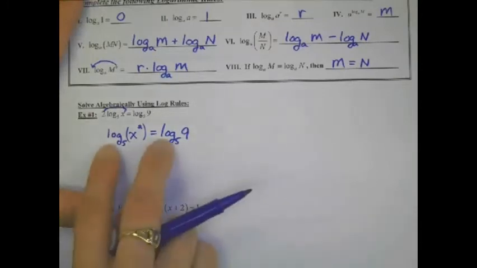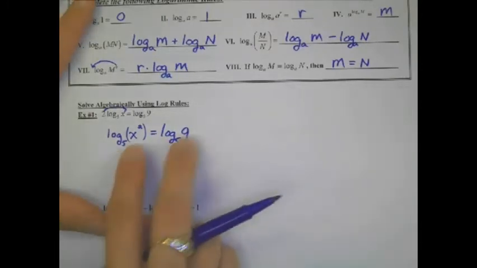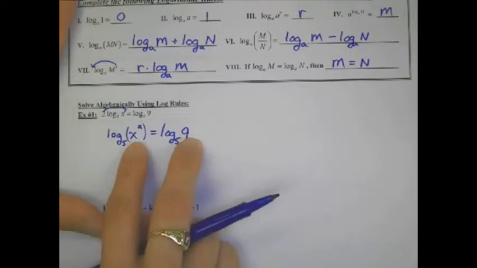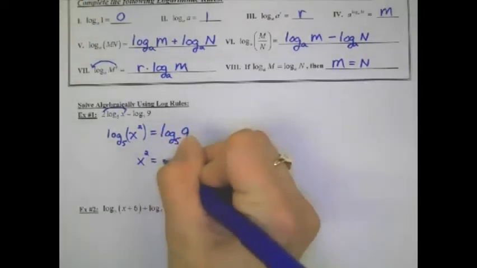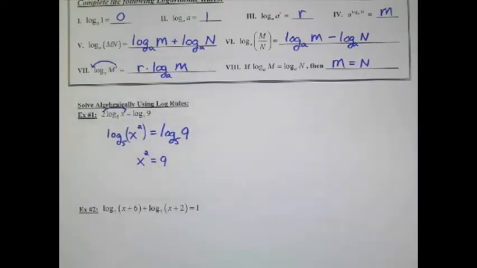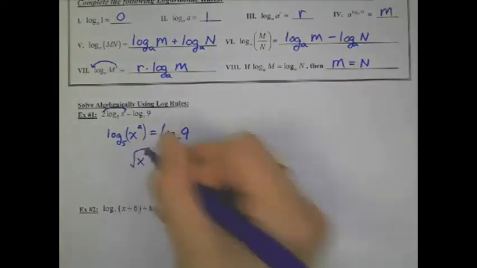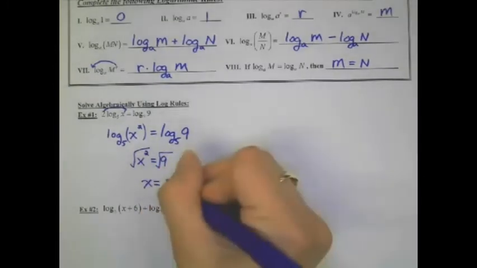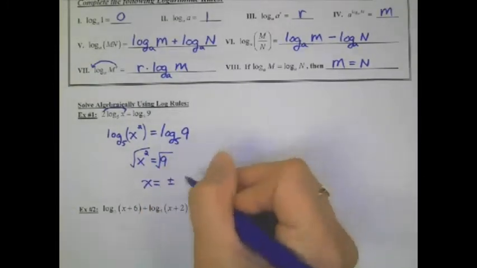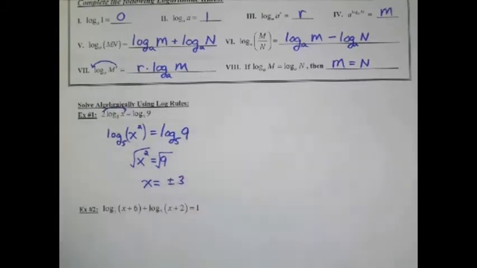Okay, if you have two logs that are equal and the bases are equal, then you're going to isolate the ofs. So what we'll do here is we're going to say x squared equals 9. And I'm going to go ahead and square root it. And so my answer is plus and minus 3. X is plus and minus 3, so we got our two answers.